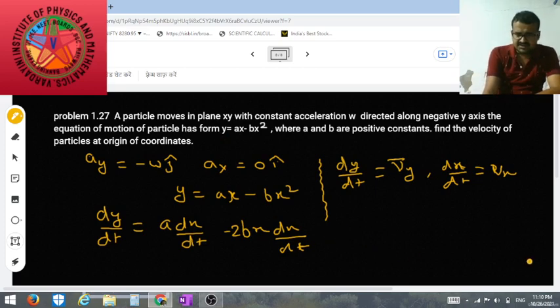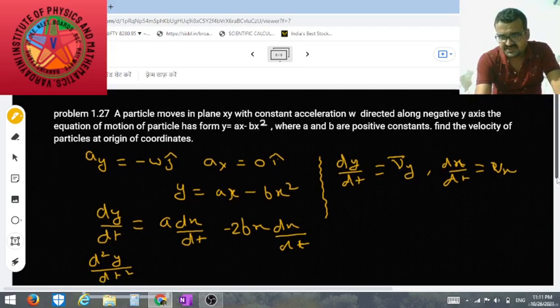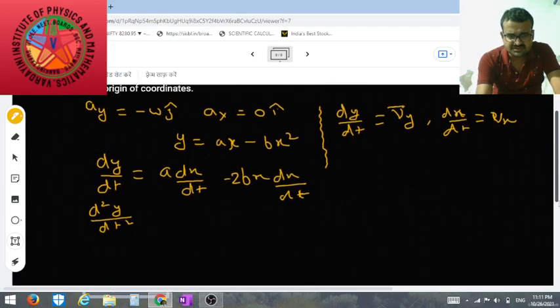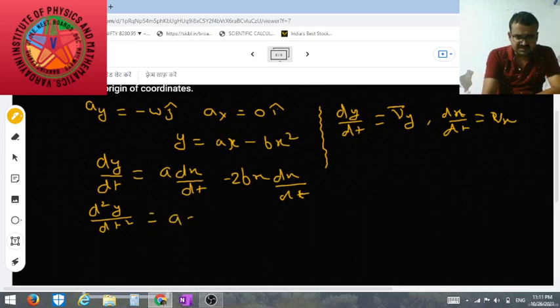So now what we should do, we should just differentiate it again, because we have to reach the acceleration so that we can compare that. So we will have something like d squared y upon dt squared is equal to a d squared x upon dt squared minus 2bx.